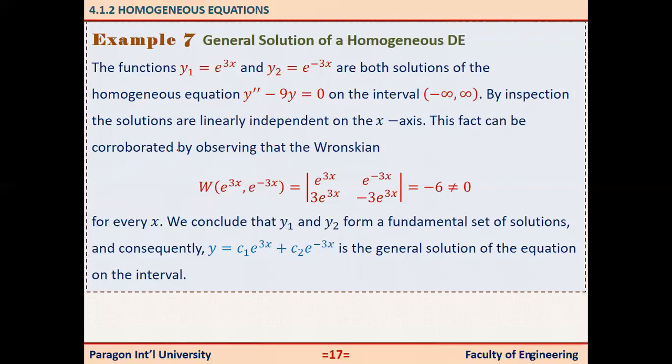So by inspection, the solutions are linearly independent on the x-axis. Because if you have only two functions, how do you know that these two functions are linearly independent? Okay, that means that at least one of the constants should be different from 0, right? For them to be linearly dependent, C1 times F1 plus C2 times F2 is equal to 0.